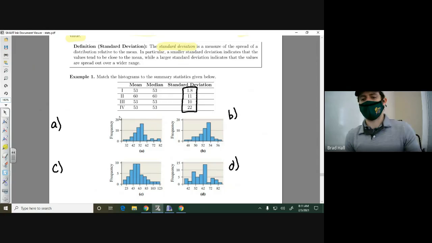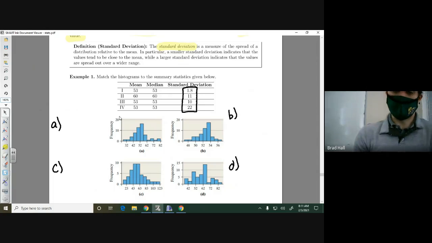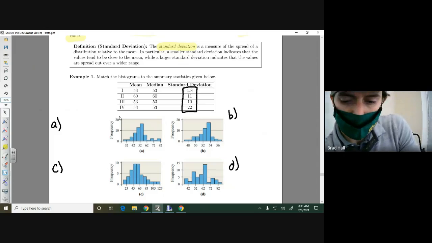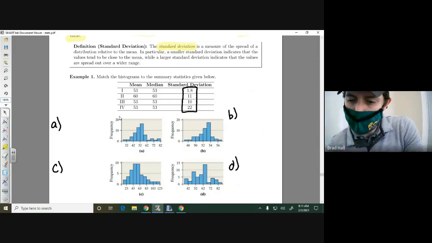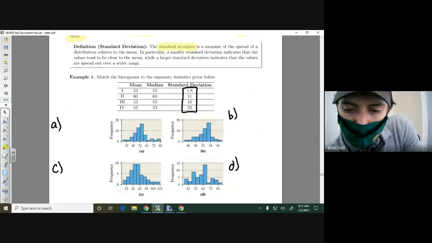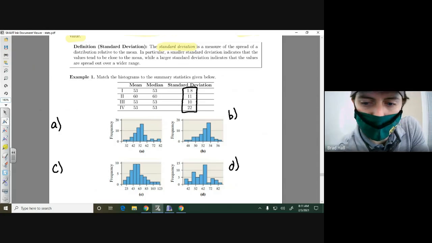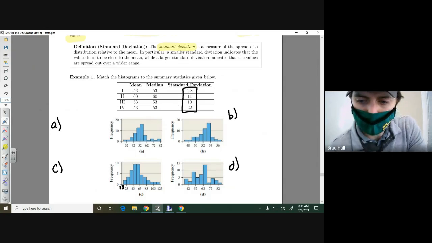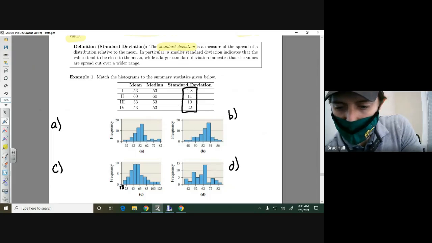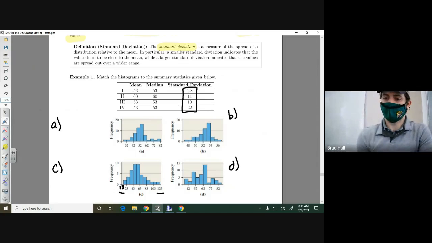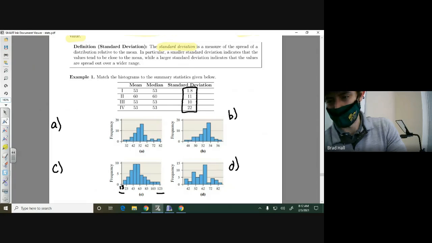What I mean by this: notice for graph C, the values go from 13 at the lowest to 23, 43, as opposed to another graph that goes from 47 to 57.